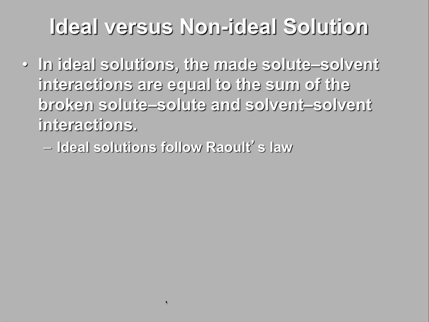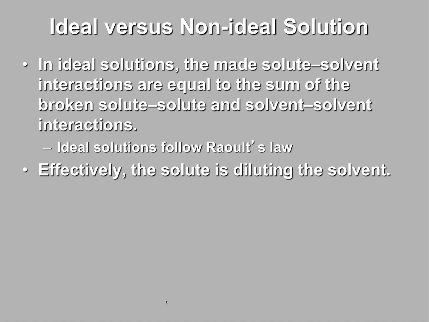Again, ideal is when they equal each other. So that's kind of a key point there. To have an ideal solution, the interactions between solute and solvent equal the sum of the interactions between solute by itself and solvent by itself. Ideal solutions follow Raoult's law perfectly. So if I plug it into the equation and then measure it, I'm going to get the exact same number.